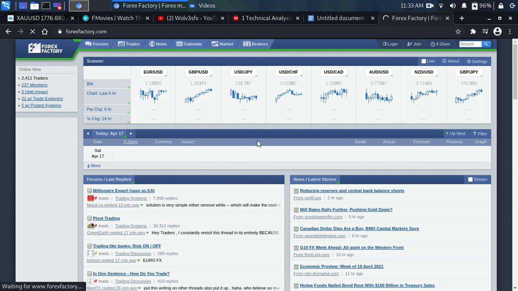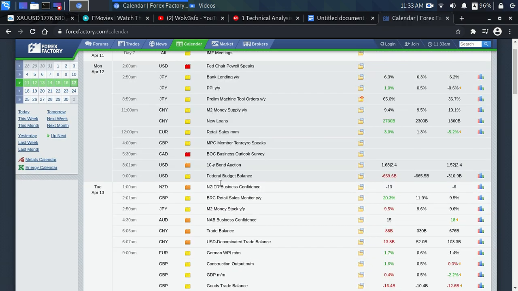As we can see right here, we have the previous week's news and everything. So once we see a red folder like this, it means the news will have a high impact on the currency. The yellow means low impact, and the orange means medium impact, might not affect the movement of the currency so much.